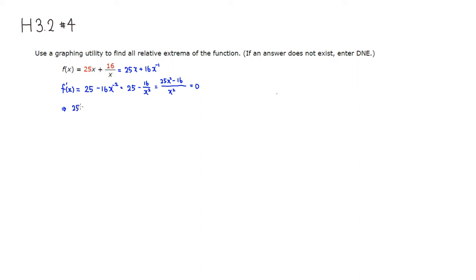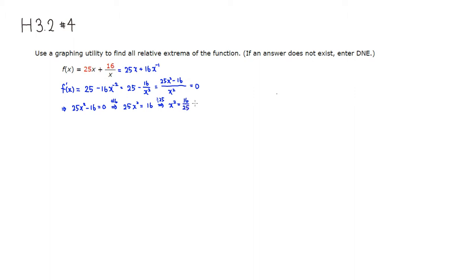So you have 25x squared minus 16 equal to 0. Then add 16 to both sides, so you have 25x squared is equal to 16. I'm going to divide through by 25 so that x squared is equal to 16 over 25.